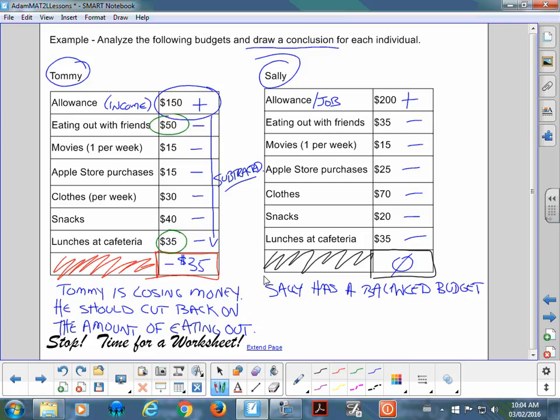So if something big comes up, say a formal comes along, say you want to go on a trip or something, she's not really saving any money, and there's no kind of rainy day fund in case something goes wrong. So, I mean, even though she's got a balanced budget, I would suggest Sally looks for potential savings.